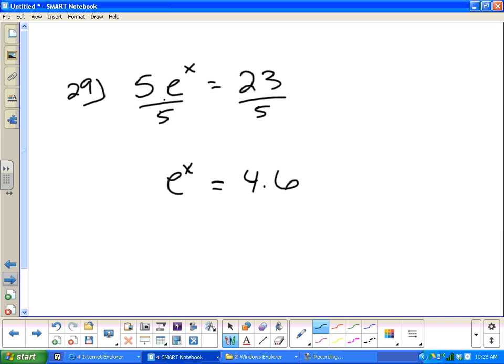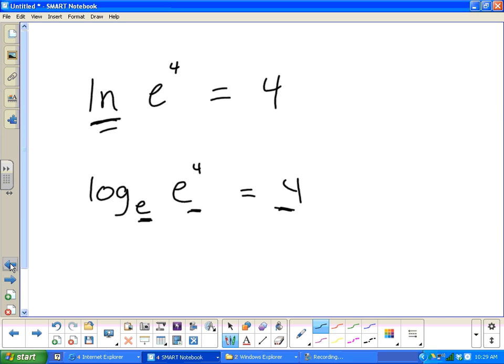Now we're going to take a natural log on both sides. Write it down and I'll say it. Instead of taking that x and bringing it to the front, there's a shortcut. What's the natural log of e to the x? X. Same idea as right here.